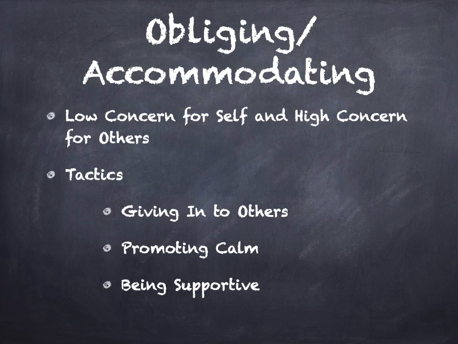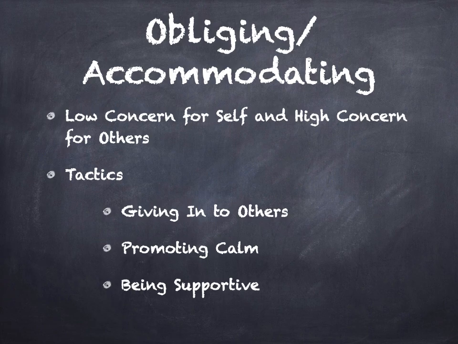But giving in to others can be a positive thing depending on the type of conflict you're in. You can also promote calm. Promoting calm means that you might say things like, all right, let's take a minute here. Okay, tell me again what you mean by this, right? Slowing the conversation down, trying to lessen the intensity of a conflict.